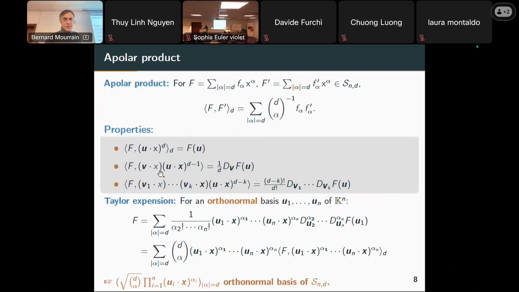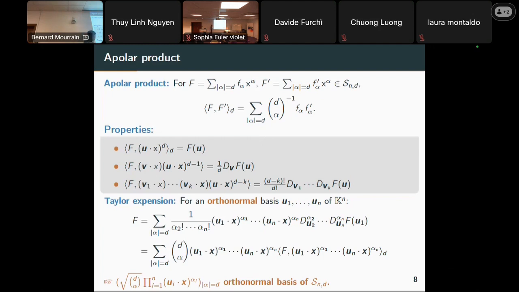That's already a nice property. Another one: you take the power (u scalar x)^(d-1) and another vector v, with the scalar product v with x. This acts as a derivation. You derive the form f in the direction of v, evaluate at u, and divide by d. So the apolar product acts as a derivation in the direction v, up to this scaling factor.